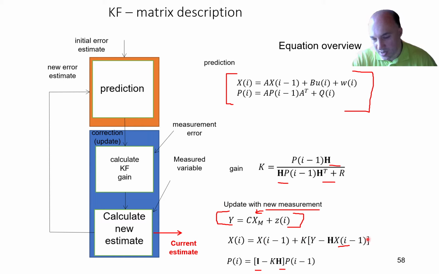And here is our estimation. So we calculate the new state xi, again based on the previous state xi minus 1 plus the common gain, and this is the difference between the measurement, which is hidden in y here, minus the previous state.